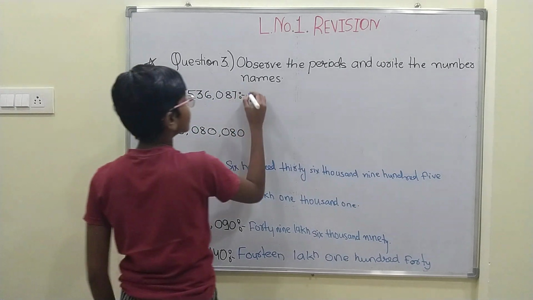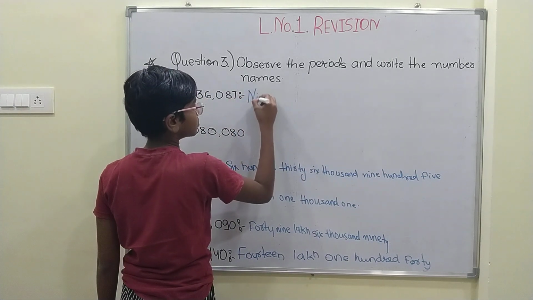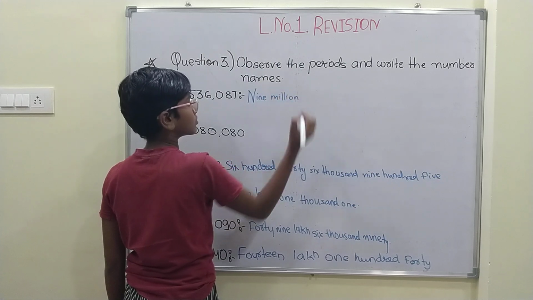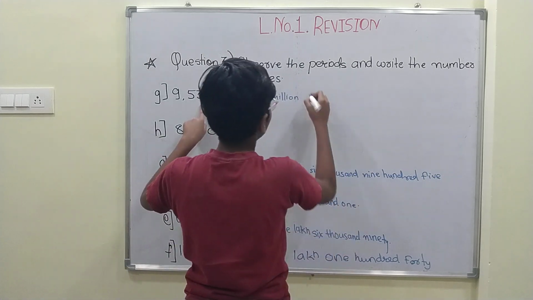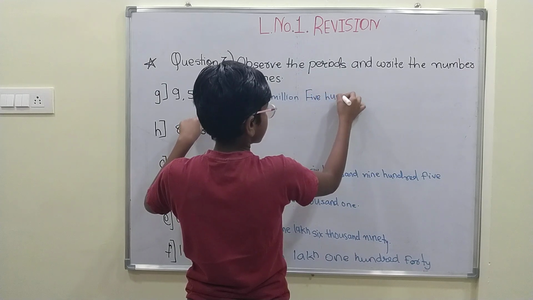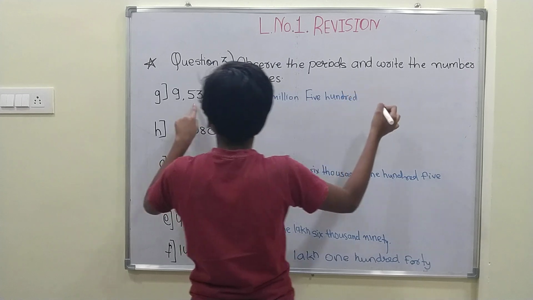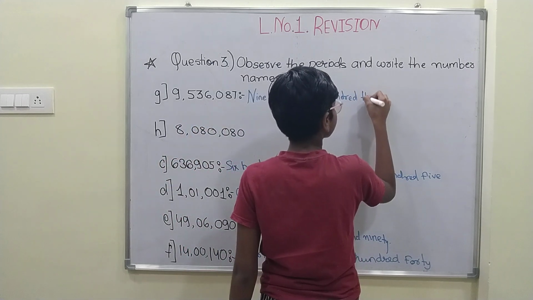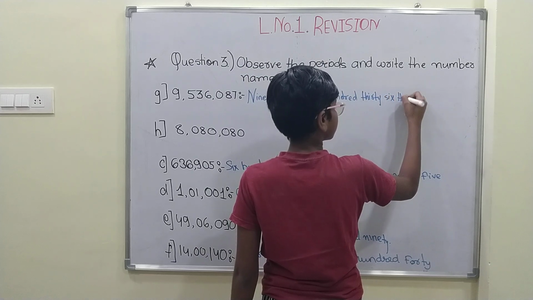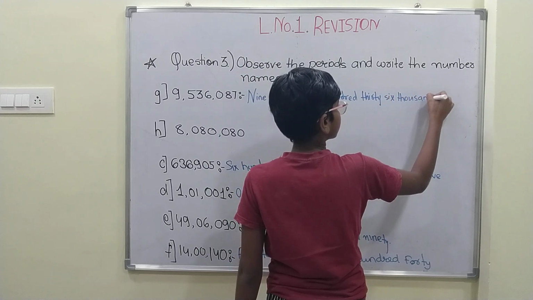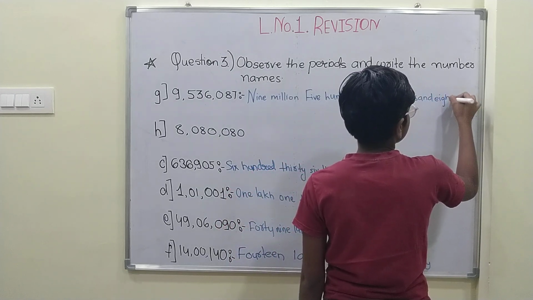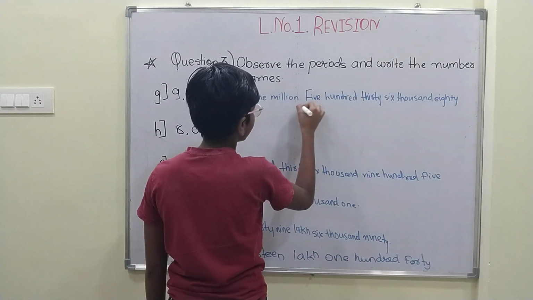So I will write 9 million first. 9,500,36,087.